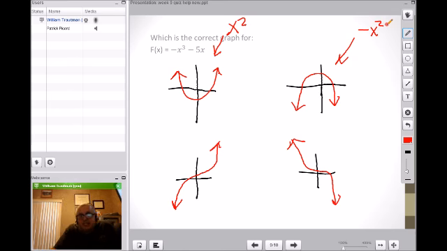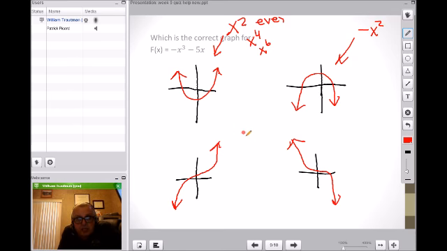I'm not just talking x squared, but that's basically what it is. It's any even power. This U shape could be an x4 graph. It could be an x6 graph. So U shapes are pretty much even powers.